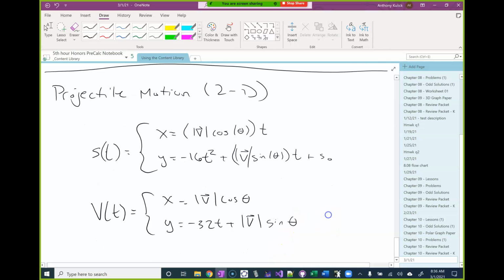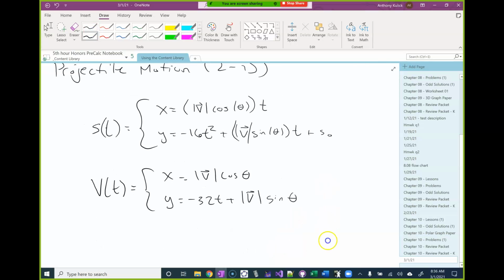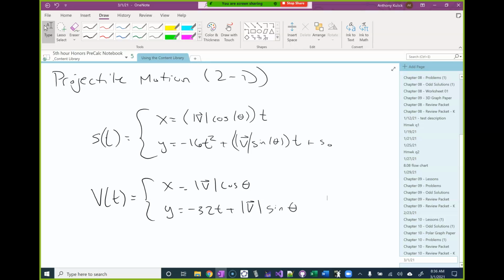So remember here, the V that I've described here is a vector V. What do the bars around a vector mean? Is that absolute value? No. What does that mean? Magnitude. So it's basically just the value for the velocity, right? For the most part, that number is just going to be given to you in your problem.